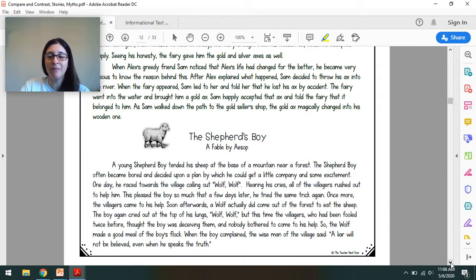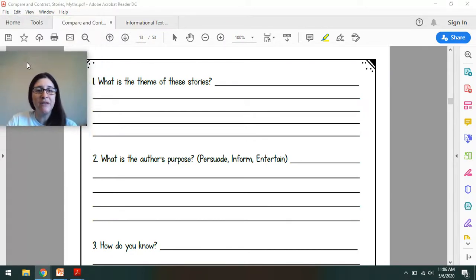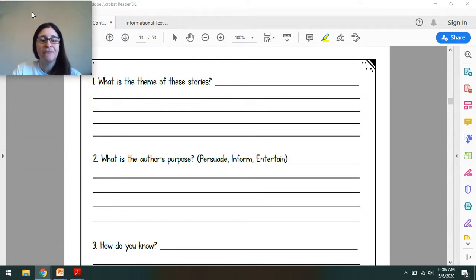So the way we're going to talk about these two stories is, right here it says, what is the theme of these stories? So kind of the first one we said was, honesty is often rewarded. So for the first guy, he was rewarded, Alex, by getting the gold and silver axes. Sam was not rewarded, right?